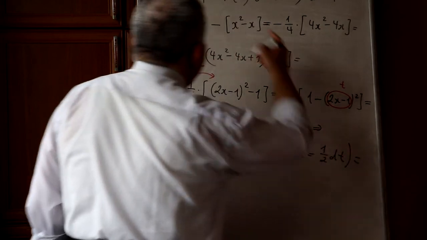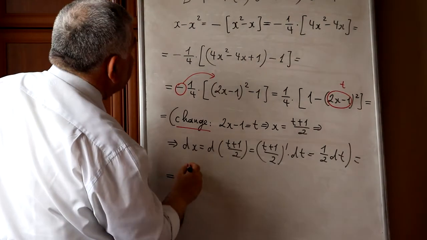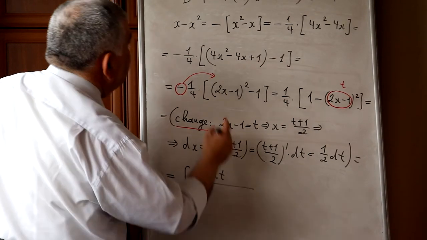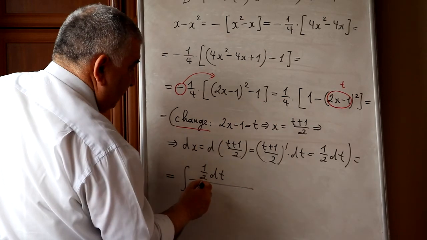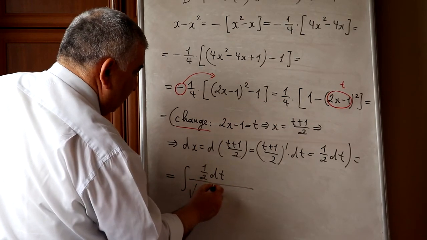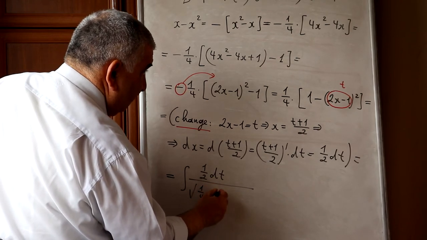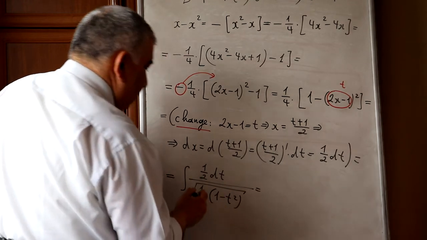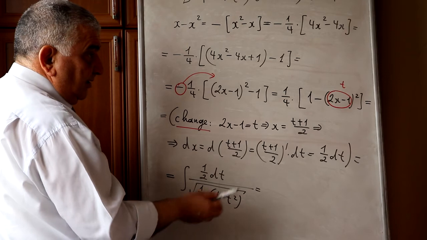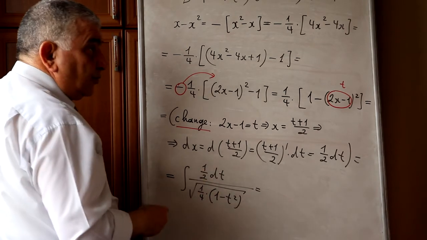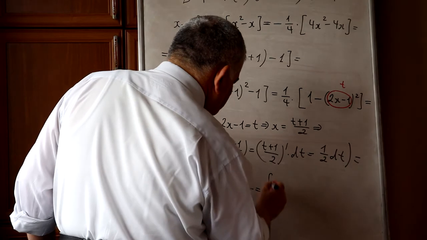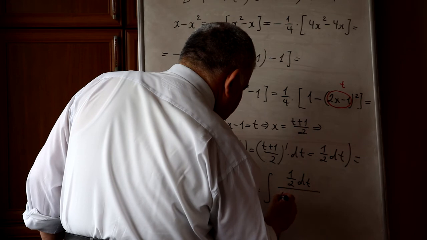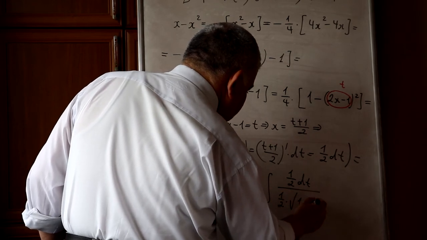Then use this change in the given integral. dx is 1 half dt, divided by square root of 1 fourth multiplied by (1 minus t squared). Here we can take 1 fourth out of the root symbol: 1 half dt over 1 half multiplied by square root of 1 minus t squared.